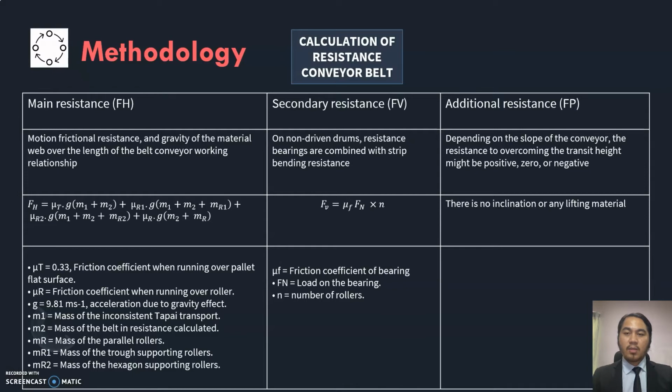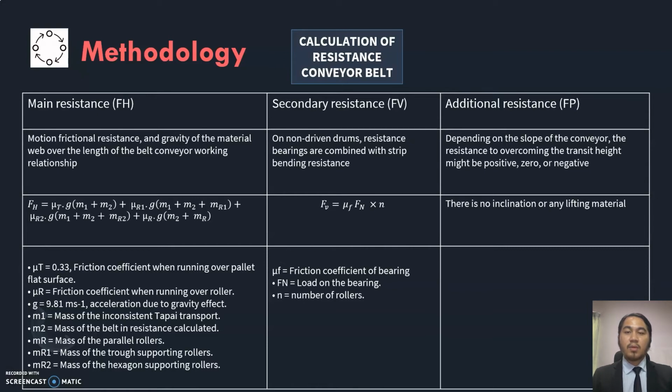From the equation, it is used to find the main resistance of the conveyor. The secondary resistance FV occurs on the non-driven drum. Resistance of bearings is combined with strip bending resistance. The value of the secondary resistance is equal to the bearing resistance multiplied by the number of pulleys, except the driven drum, at the conveyor used.